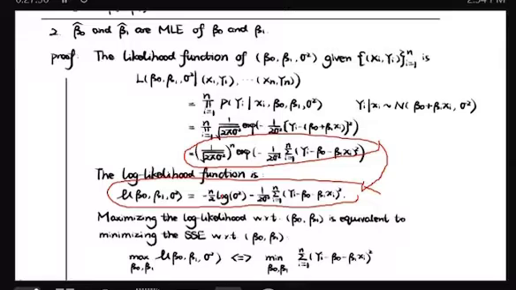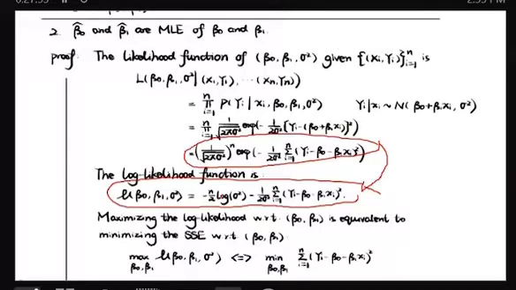Okay, now, when we applied the method of least squares, what were we trying to do? Using the method of least squares, we were minimizing. What are we minimizing? We were minimizing the sum of square error. But using the method of maximum likelihood, we are not minimizing, we are maximizing.